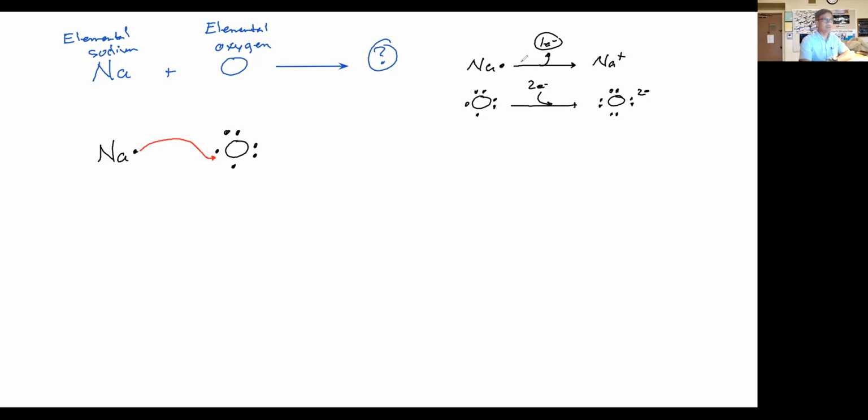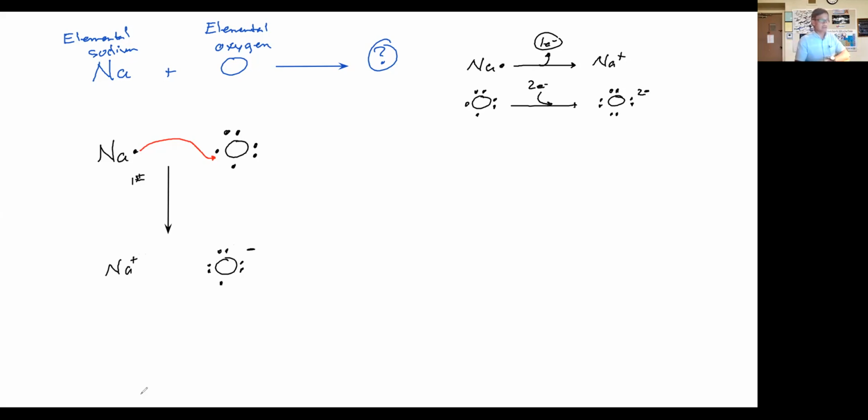At this point, during this first exchange, we're going to have 1 sodium ion, because this has now given up its electron, but this oxygen ion is not quite complete yet, because it still needs one more electron.